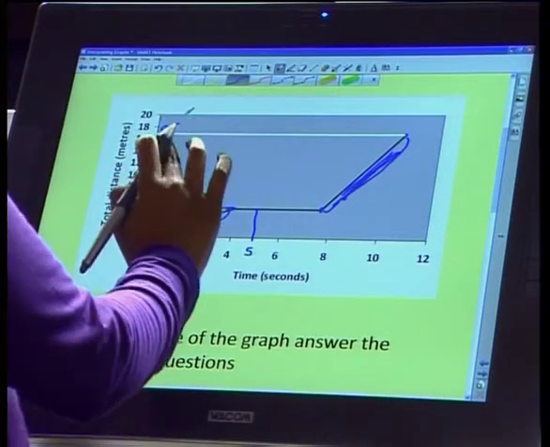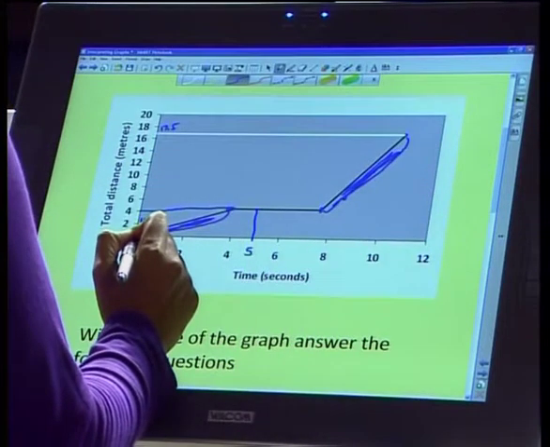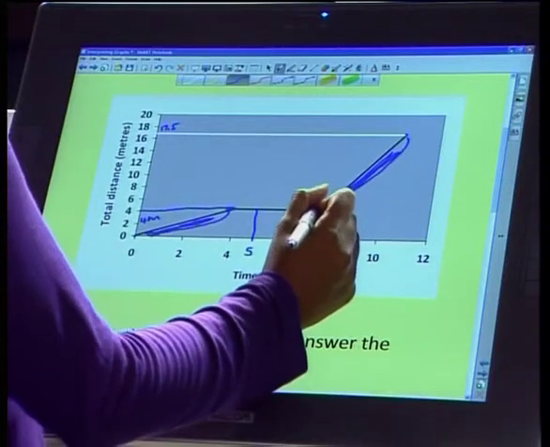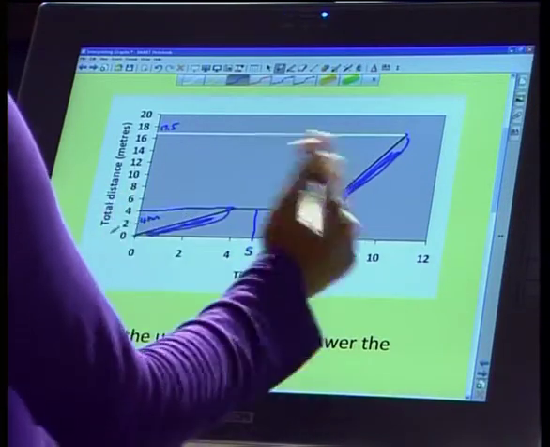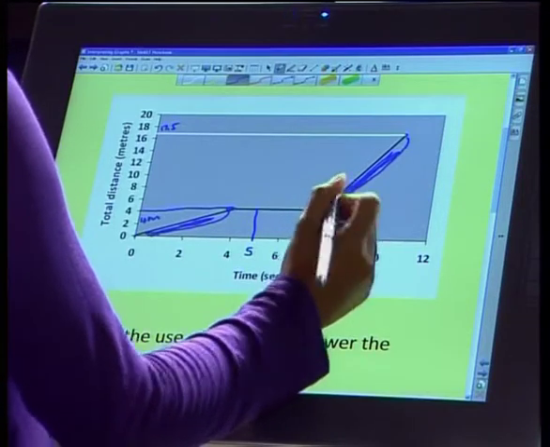So that's the distance she's done, but it's not 17,5 from the start. It's 17,5 from this point where she stopped resting. So she didn't go back and start again. It's from this point where she's already walked for 4 meters.